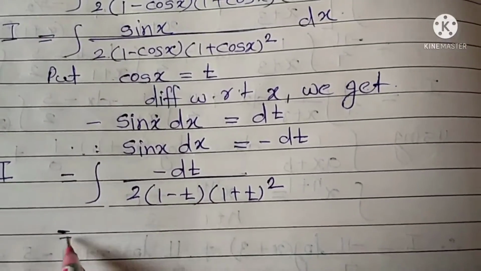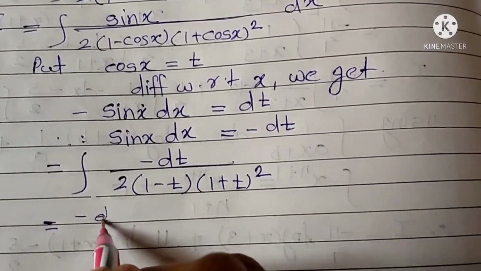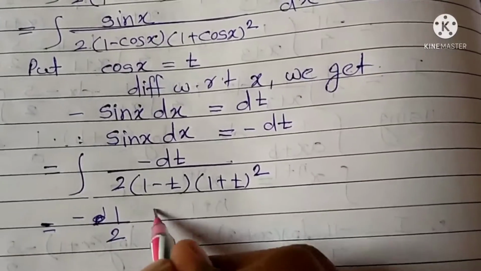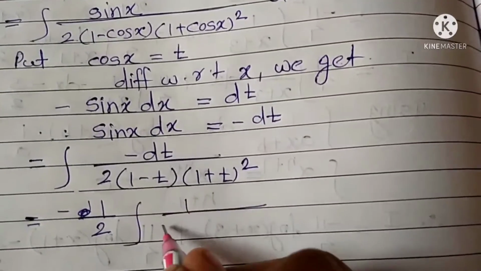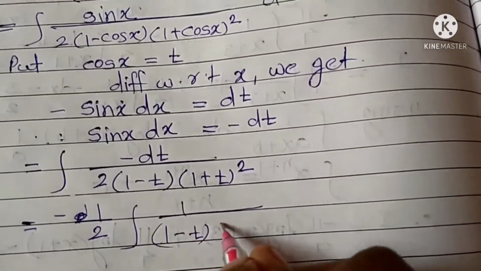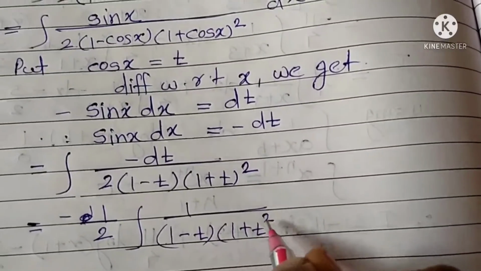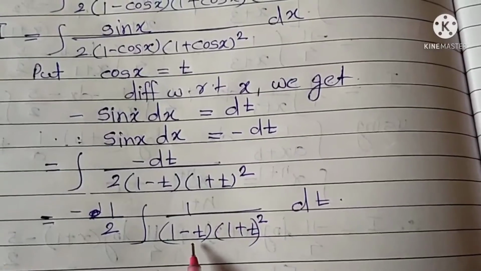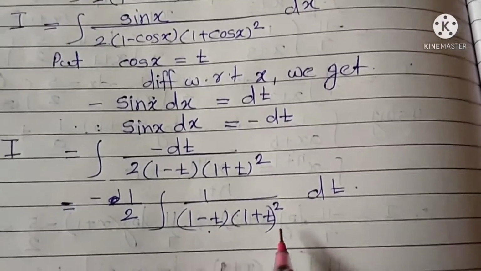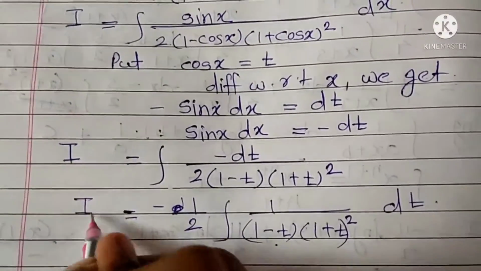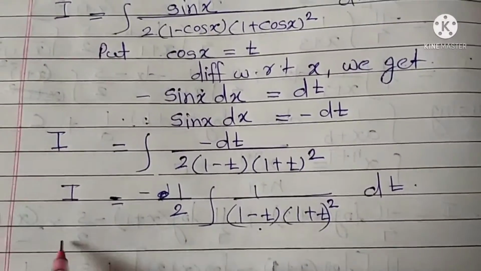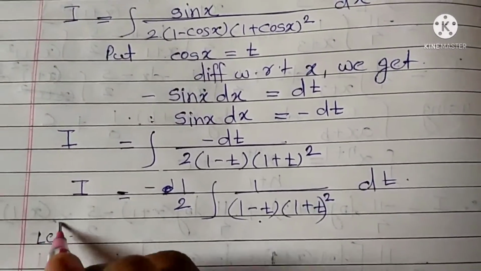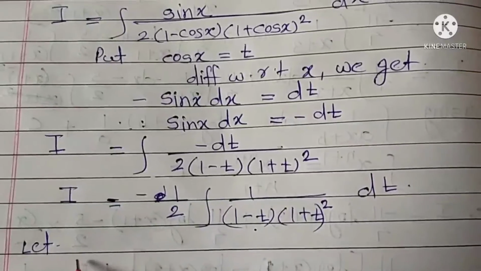Now take -dt upon 2, that is -1 upon 2, common. Remaining terms are integration of 1 upon (1 - t)(1 + t) square dt. Now this is a type of repeated linear factor. So first take the rational form and then we convert it into partial form.